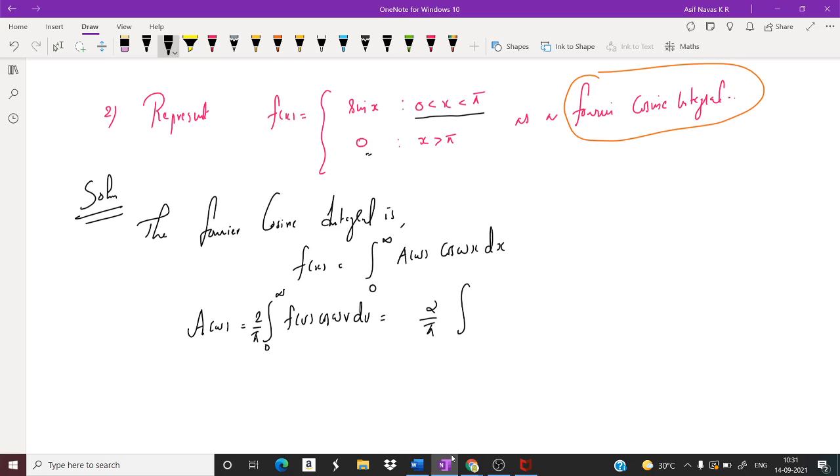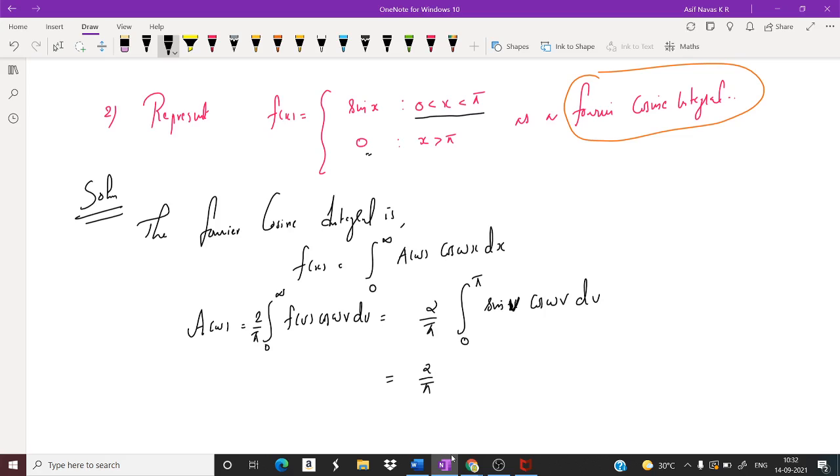So we can write this as integral 0 to pi, and for x greater than pi the integral becomes 0. So f of v is sin v. We are writing in terms of v: f of v cos omega v dv.